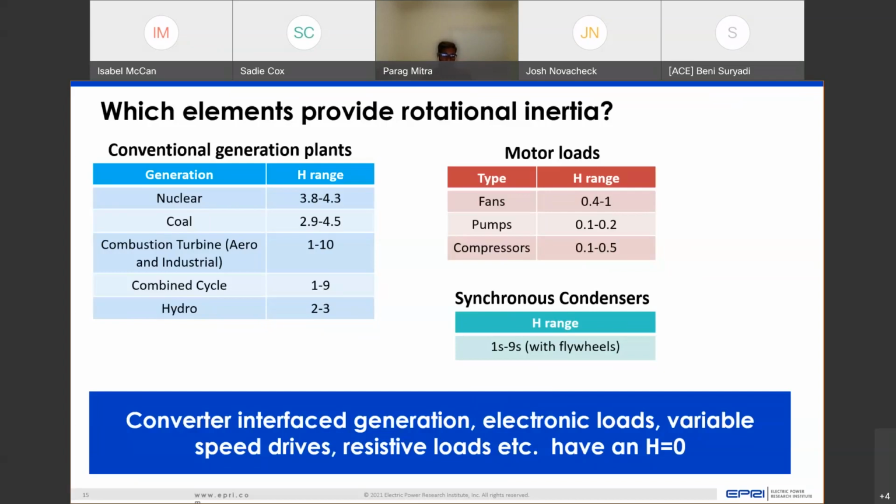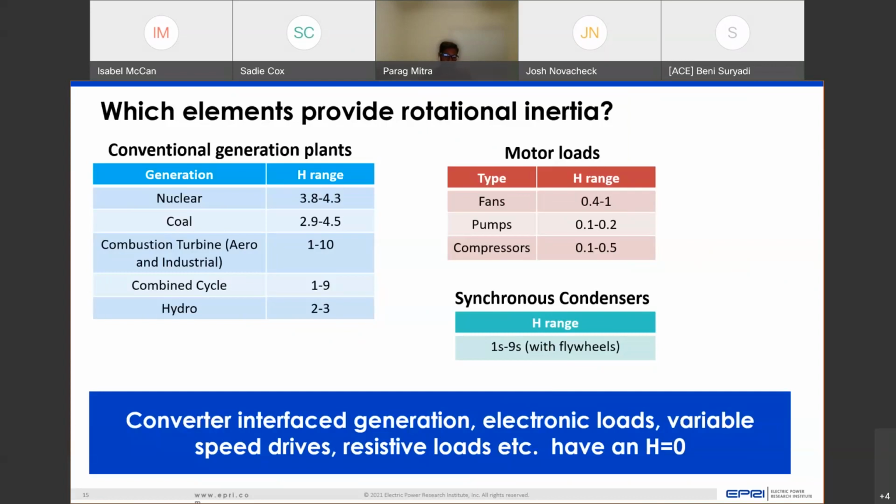And incidentally, what we are seeing moving forward is that the penetration of these devices, converter interfaced generation, electronic loads, and variable speed drives, is increasing more and more in the system. So we are looking toward a future system where the inertia is expected to decrease. And again, that highlights why we want to monitor the inertia of the system.